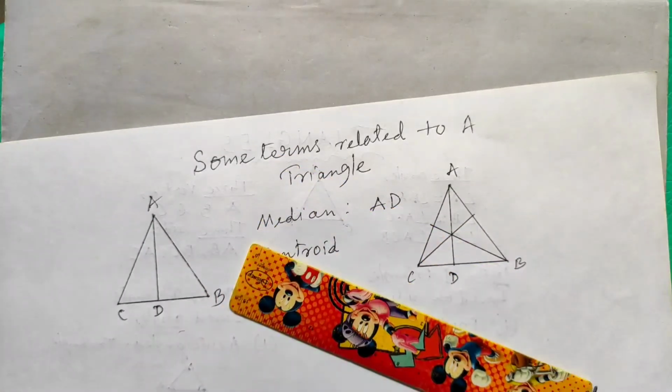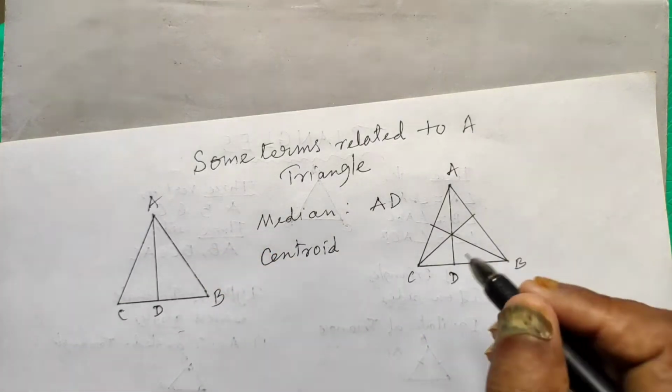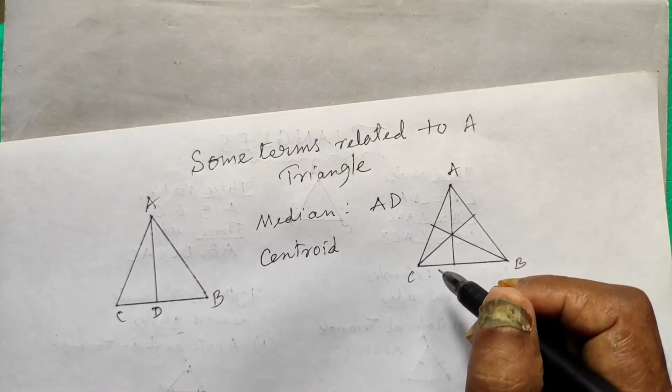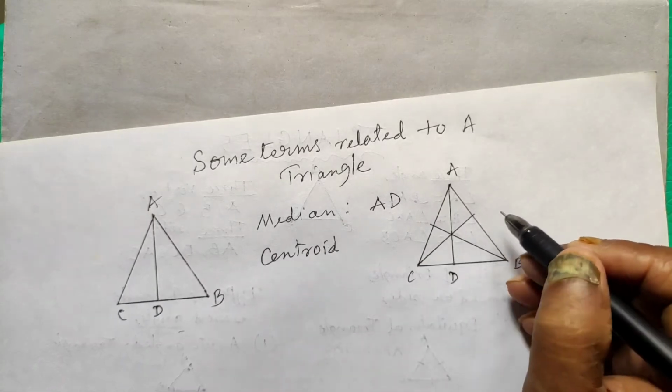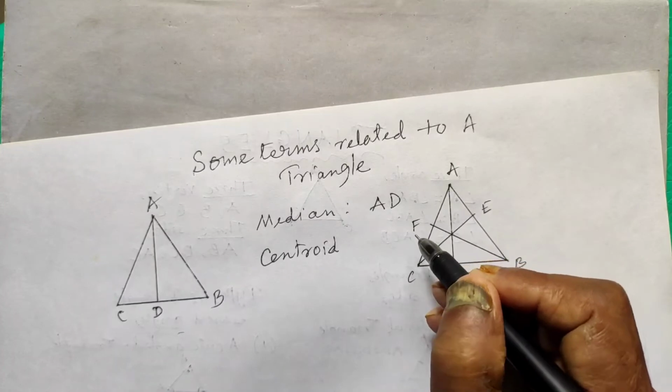All right. So over here what do you find? That this is AD, and then this one can be E, this can be F, right?